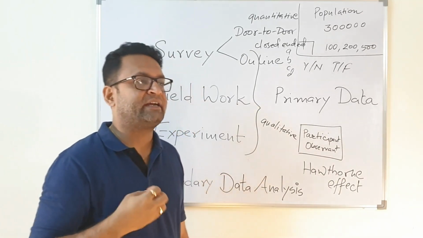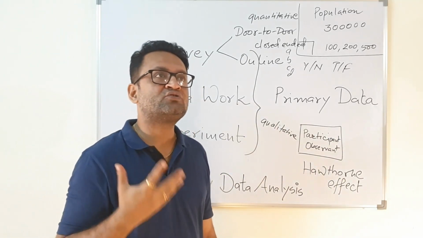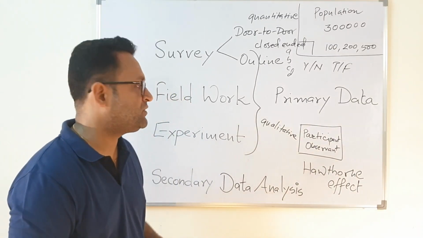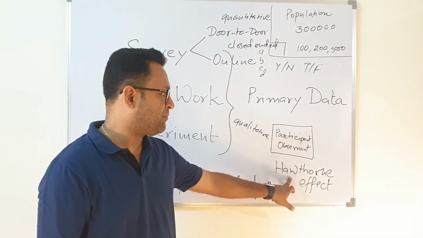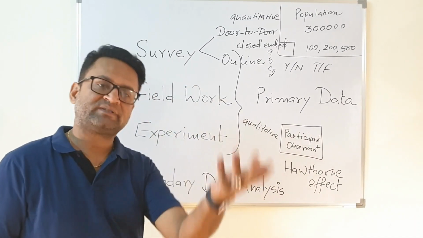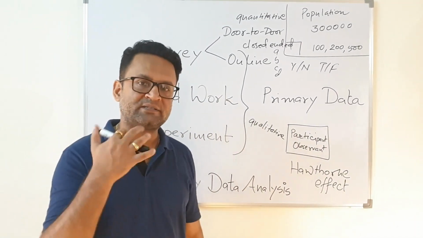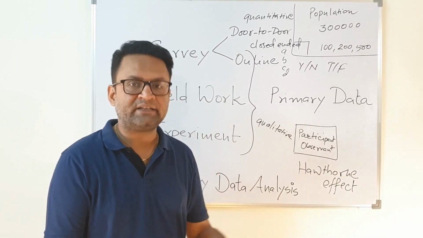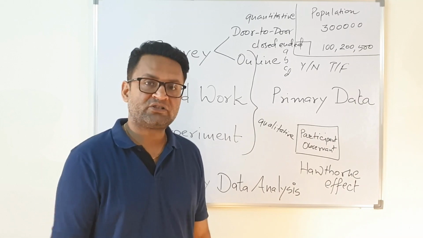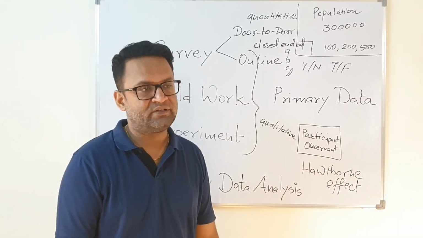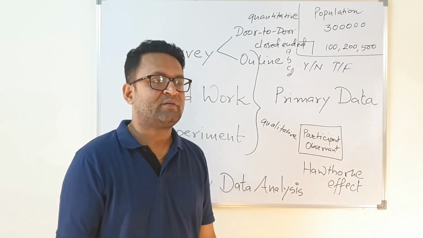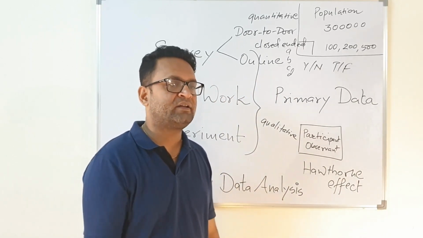Given that understanding, we need studies which do not come out with the Hawthorne effect. The Hawthorne effect precisely says that whenever the participant, the person from whom we are collecting the data, knows the purpose of the research, or knows even that he or she is under an experimental condition, things change.